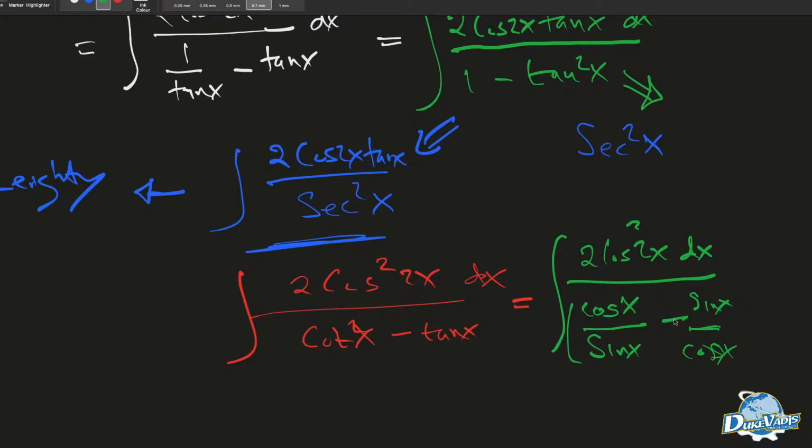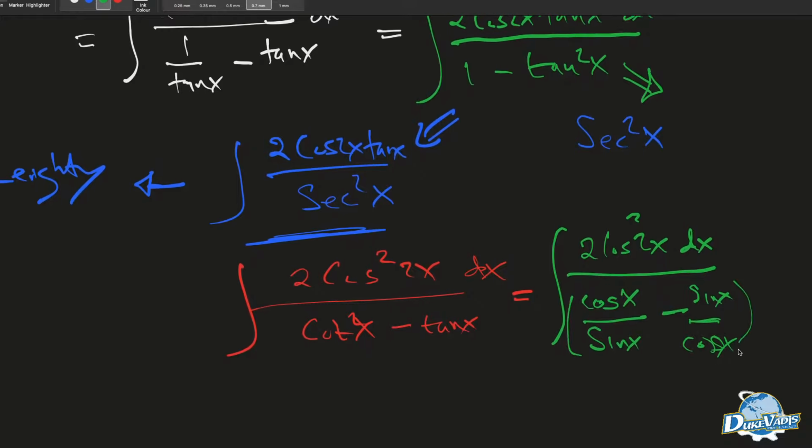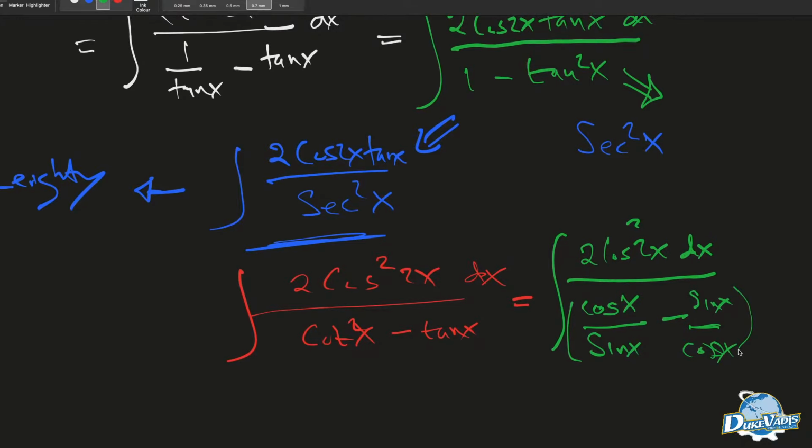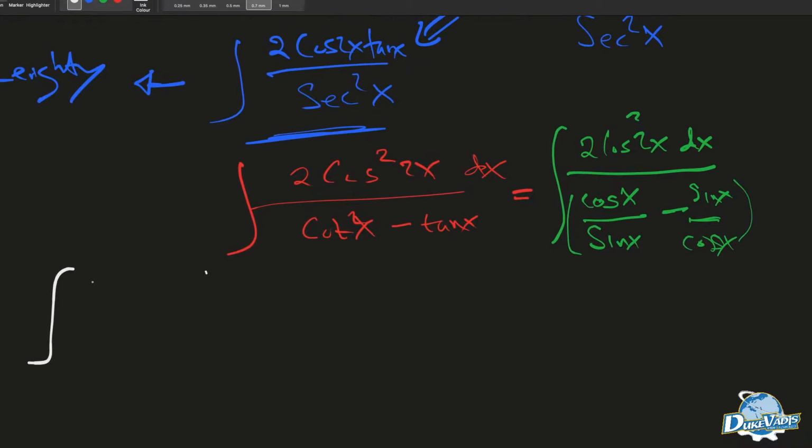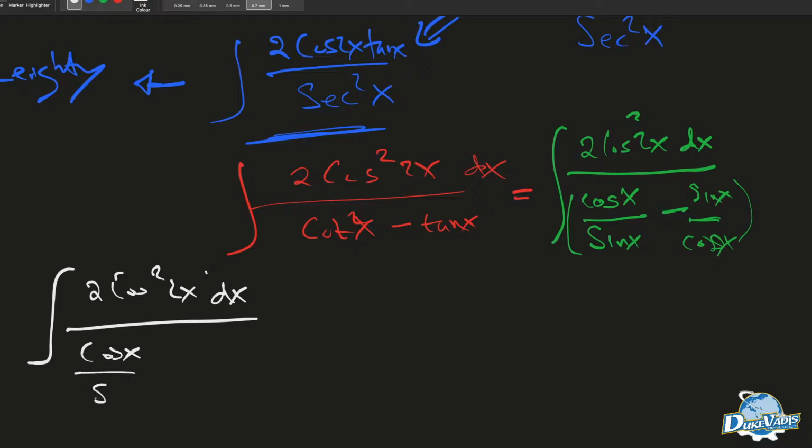Okay, with the denominator, let's have a look at it. And let's put our integral here once again. So the integral of 2 cos squared 2x dx over cos x over sin x minus sin x over cos x.